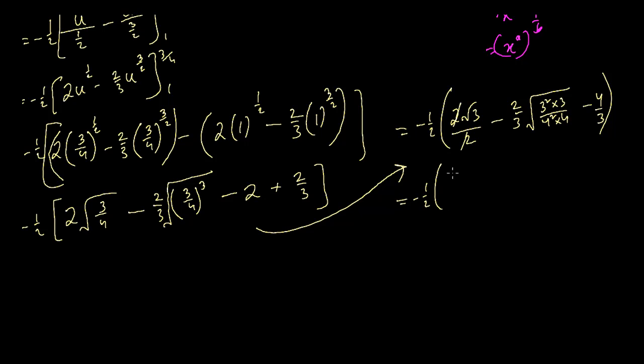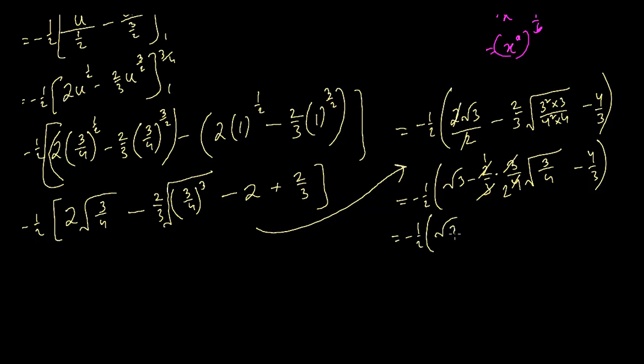So the calculation is going to be, this 2 and this 2 cancel, this is square root of 3 minus 2 by 3. This 3 square outside the square root is going to be 3, and this 4 square outside the square root is going to be 4. So inside the square root we will have 3 by 4, and we have minus 4 by 3 here. So the calculation is pretty lengthy. So 3 and 3 cancel, this 2, 1's a 2 and 2 2's a 4. So what we have here is minus 2 square root of 3 minus 1 by 2.